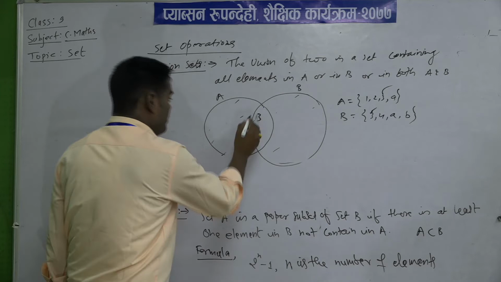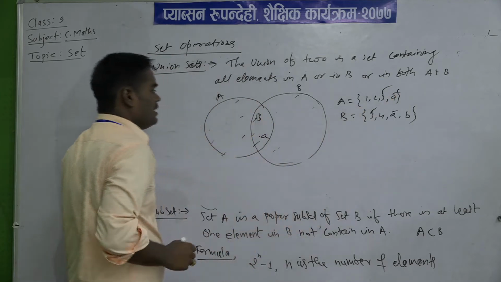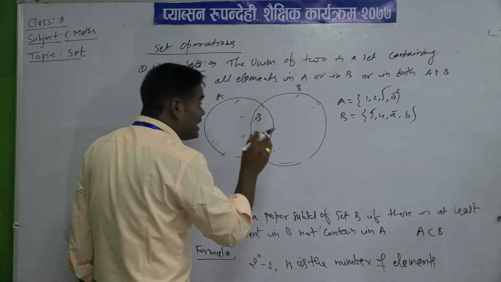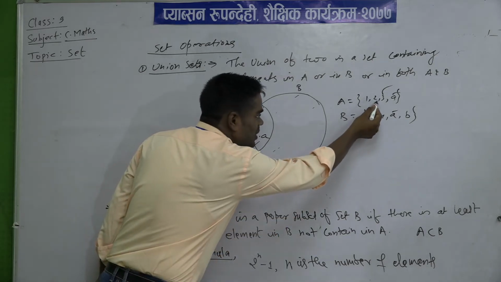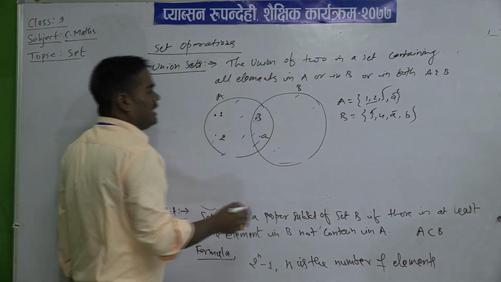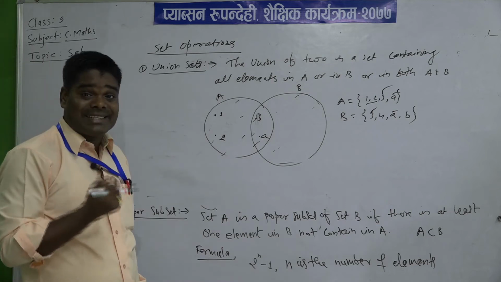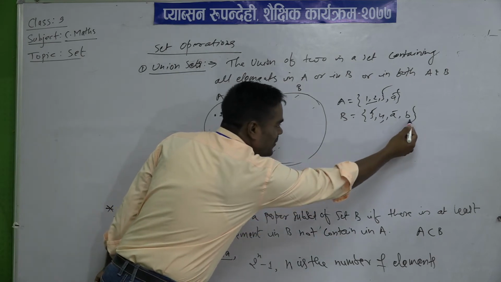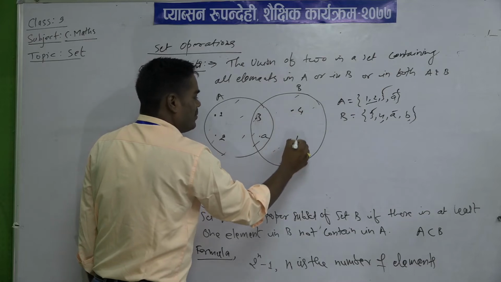These are the elements of the overlapping area. Then, what are the elements only in A? Very simple, 1 and 2. So write here 1 and 2. And what is the remaining element only in set B? You can easily find out 4, so write it here.